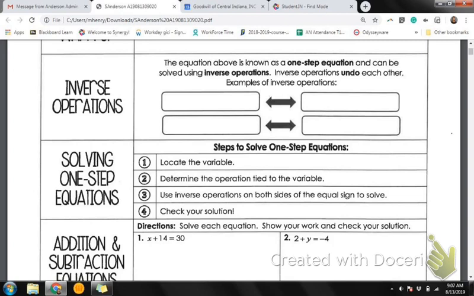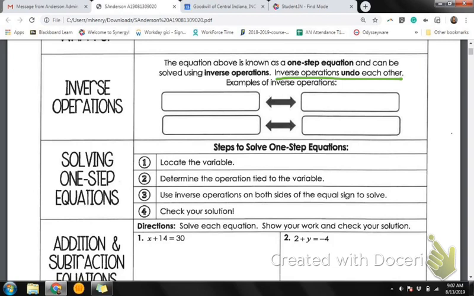Okay, so if you want to underline that there, it says inverse operations. That's going to be our first vocab for Unit 3. What did you say it was? Inverse operations undo each other.